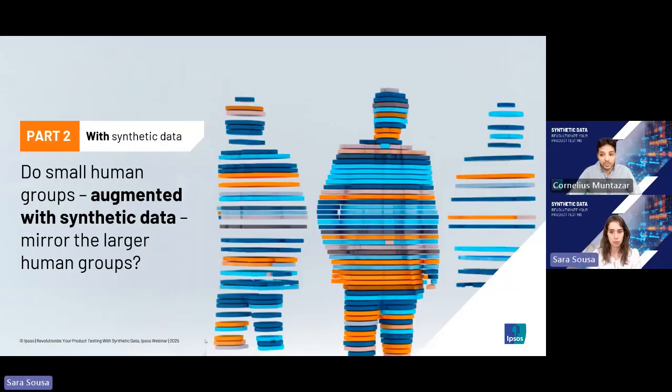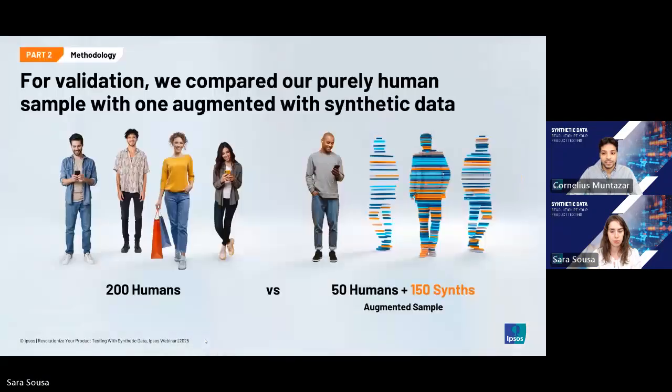It's: do these small samples with as low as 50 human respondents, when increased with synthetic respondents, actually mirror larger human groups? To validate this, we selected, again, a representative subset of 50 respondents from each study to be used as what we call the AI seed sample.